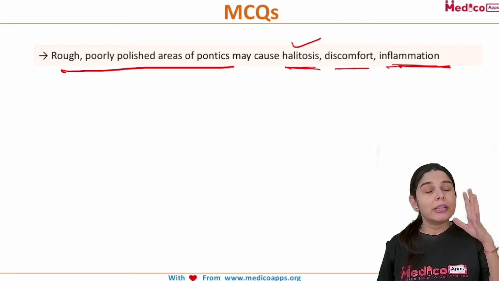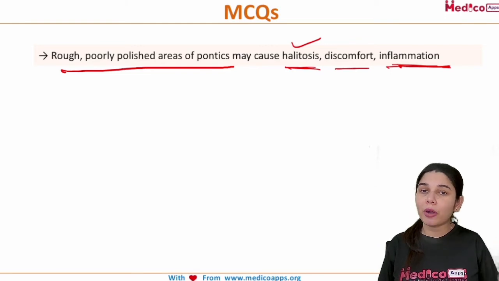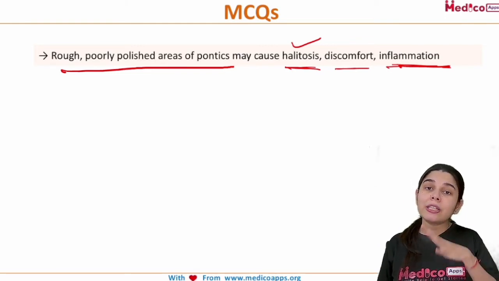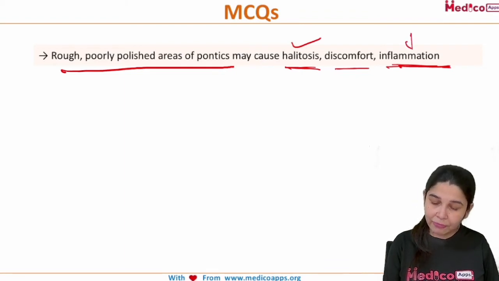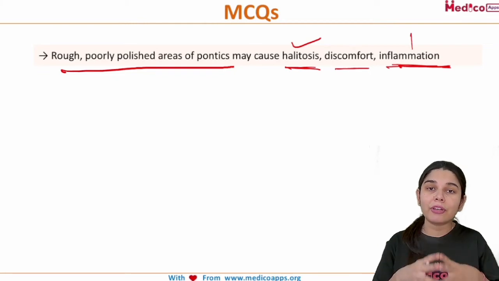Discomfort, because there is impinging of the tissues due to the prosthesis which we have given. And if there is impinging, there will first be inflammation, and that will lead to ulceration in the oral cavity of the patient.